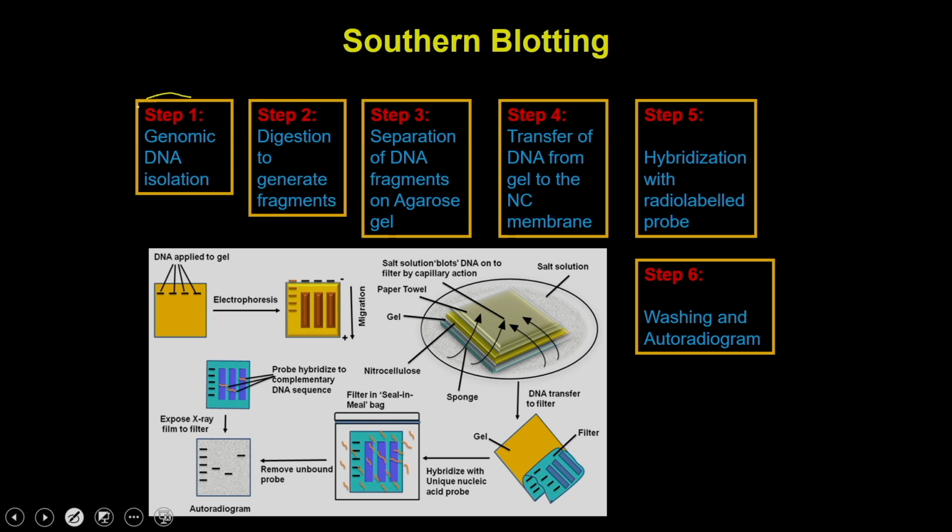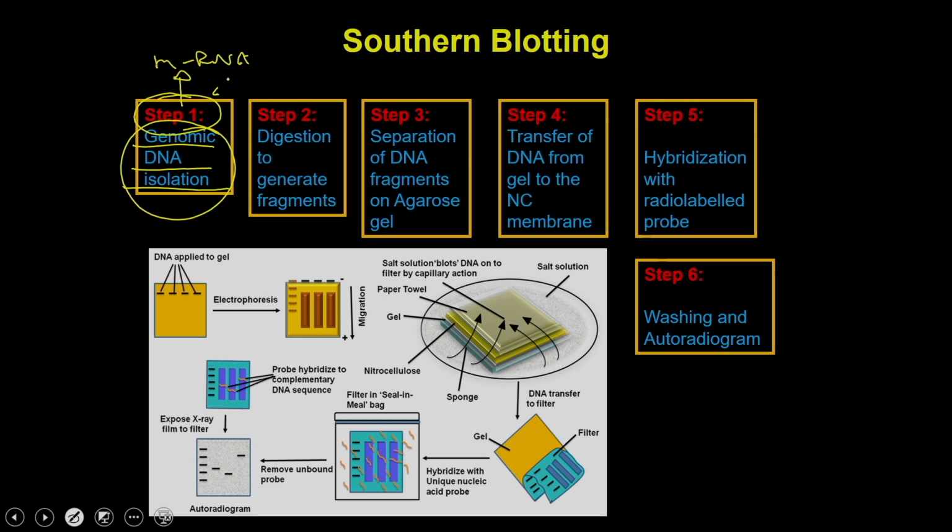In step 1 you are going to isolate the genomic DNA. Remember, when we were doing the northern blotting, step 1 was to isolate the messenger RNA. Whereas in this case, since we are more interested in the gene, you isolate the genomic DNA from the cell.